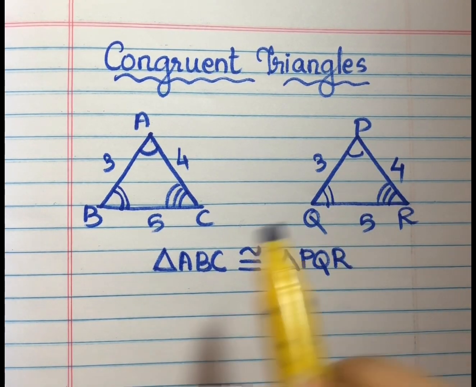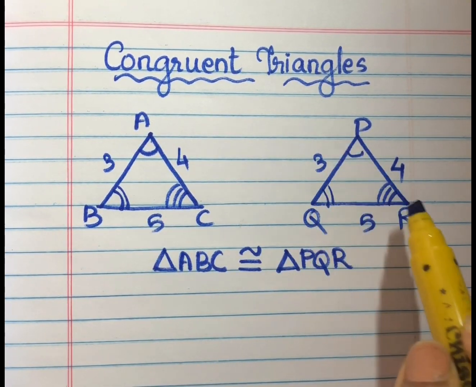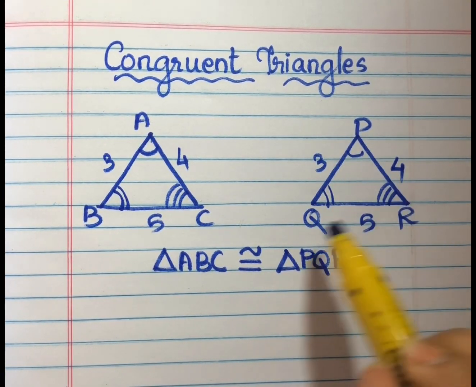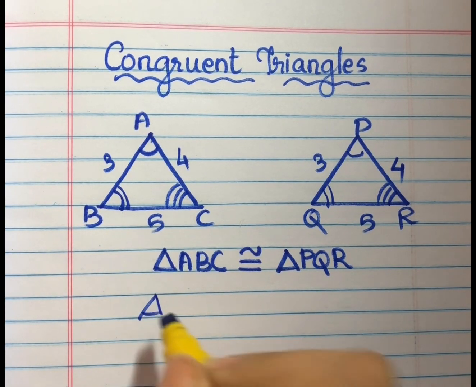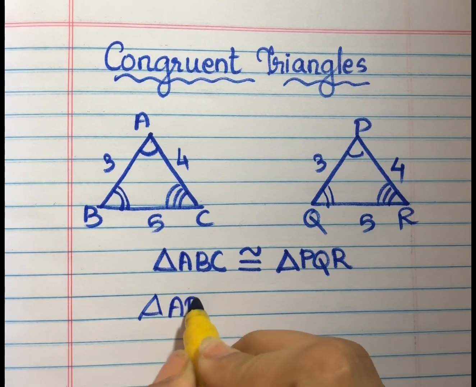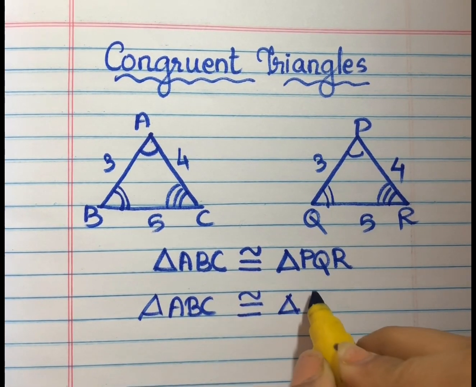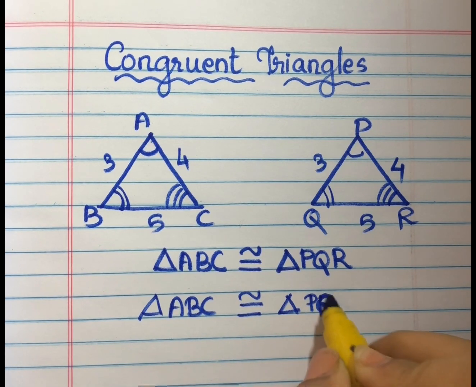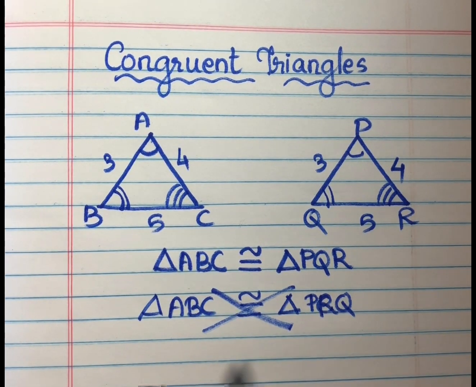So we cannot write triangle ABC is congruent to triangle PRQ. We cannot write that, because it is not correct. That is, in the same order we have to denote the congruent triangles.